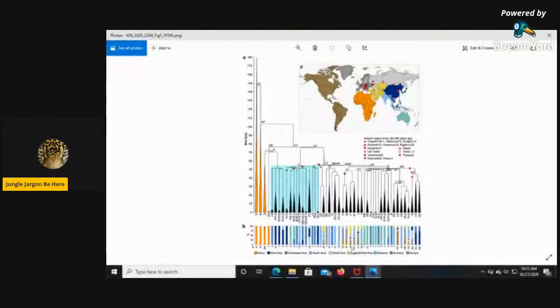This would be the J1 in America, the J2 in America, and the T, which is associated with the Jewish people. These are all found in the brown section, which is America.